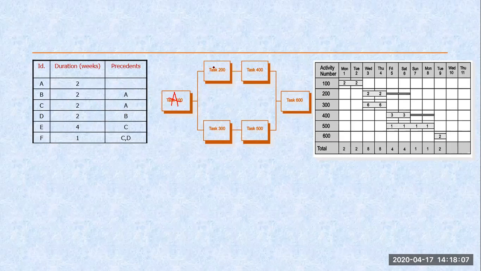B and C. So I assume this is my B and this is my C. After B, D, and after C, E. And here, not C and D, D and E. So after D and E, F. So this way this network is drafted.